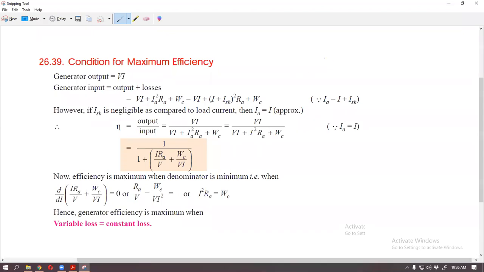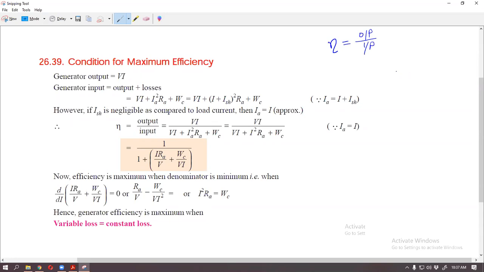You know that efficiency means this, eta. This is called eta, the efficiency. The efficiency formula is output by input.